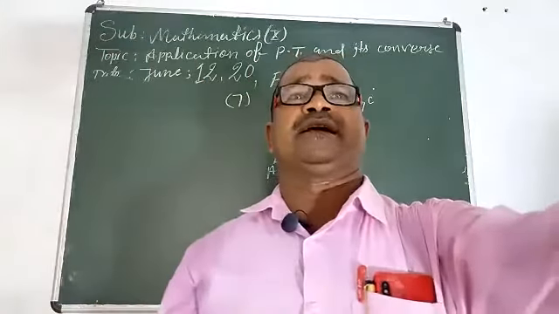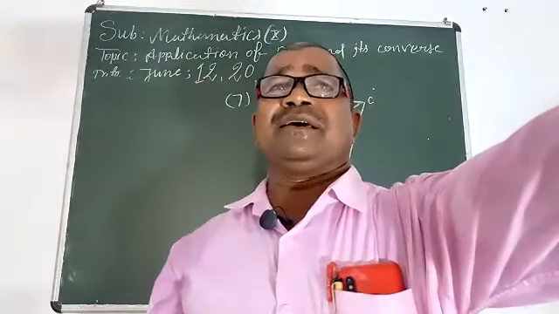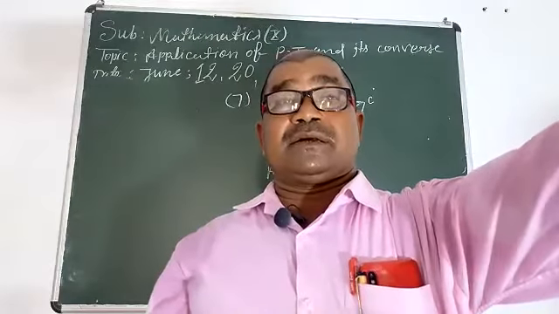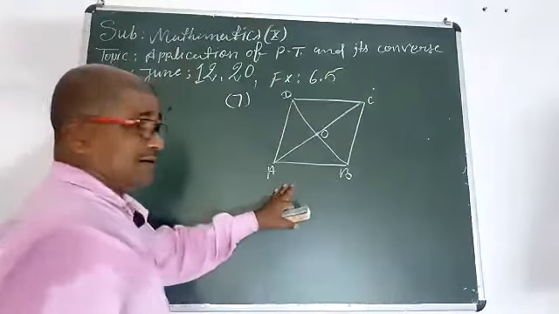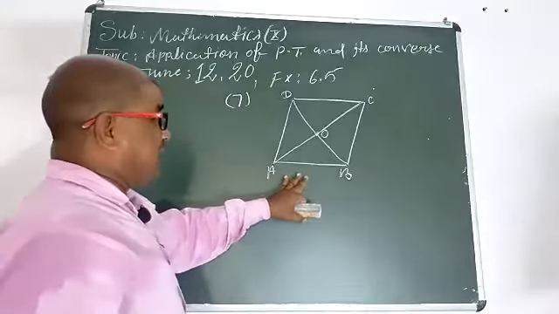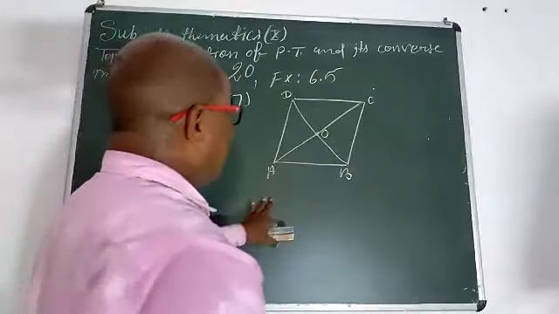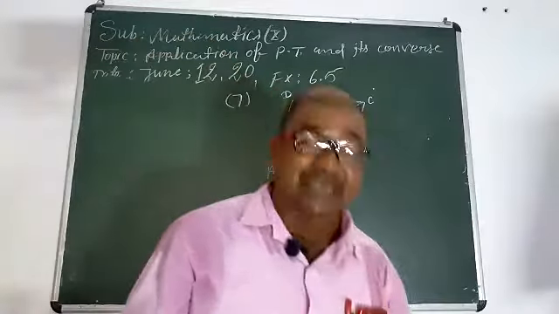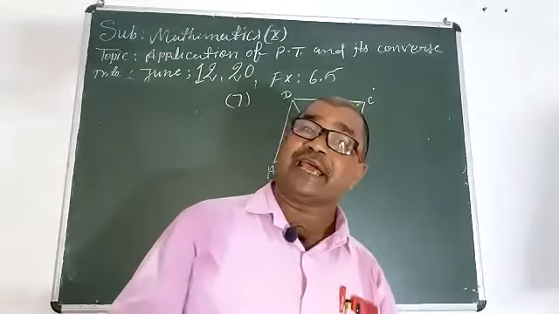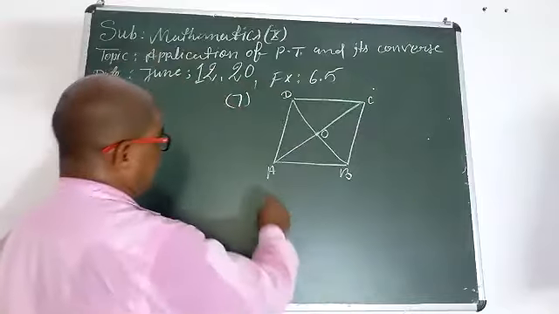The question is asking, prove that the sum of the squares of the sides of a rhombus is equal to the sum of the squares of its diagonals.